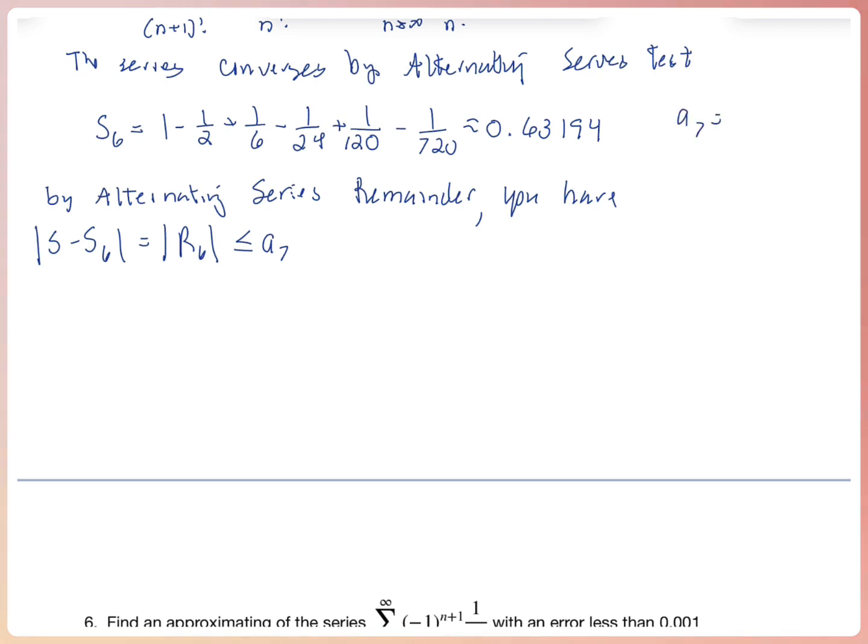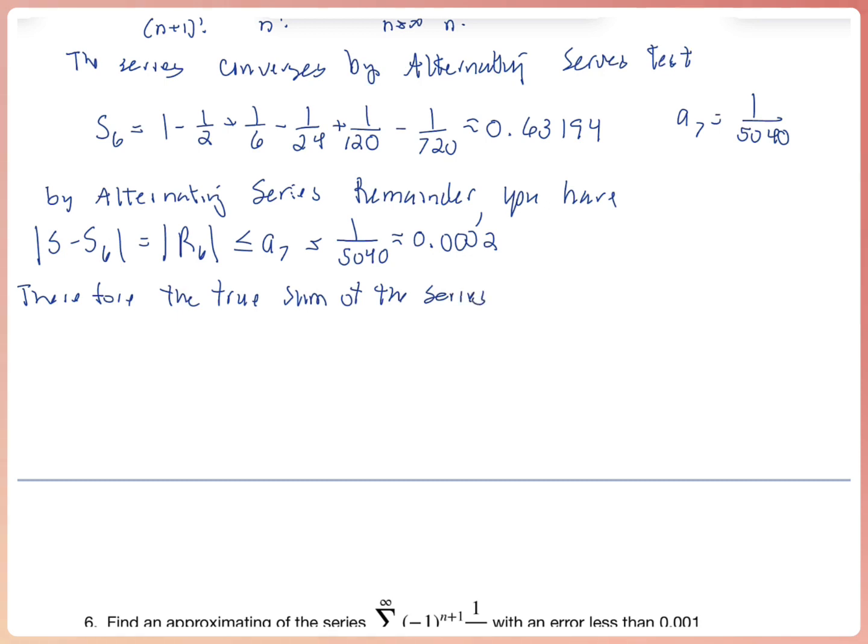So that's going back to our series and replacing every n with 7. And we get 1 over 5,040, which is approximately 0.0002. So R sub n is less than or equal to our a sub 7.